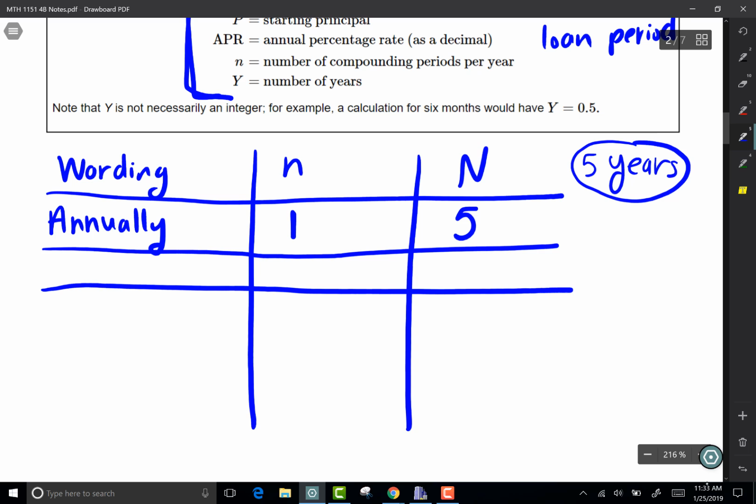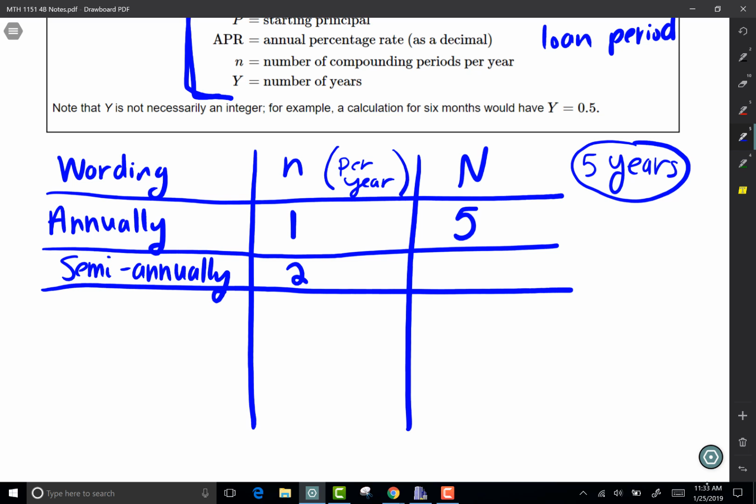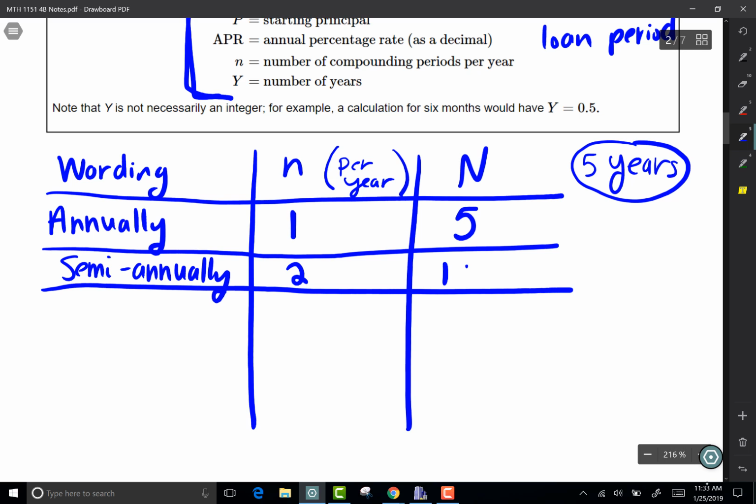If the problem says it's compounded semi-annually, that means it's compounded twice a year. Keep in mind, please, this means the number of times per year, whereas big N is the total number of times it's compounded. So if it's twice a year for 5 years, big N would be 10.